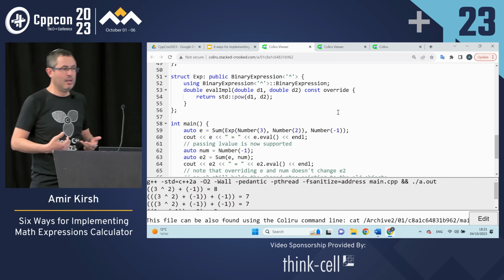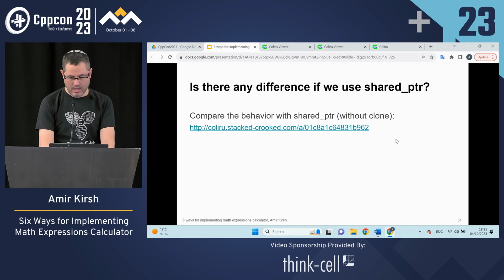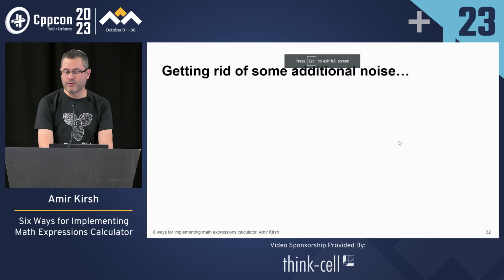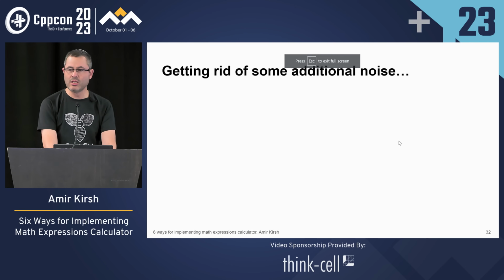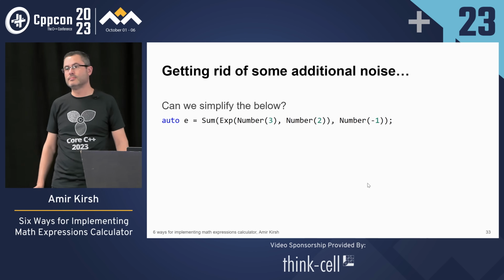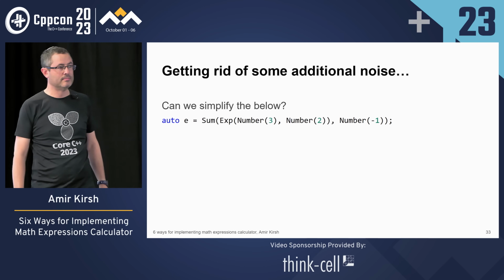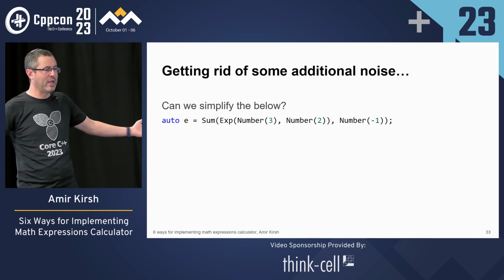It's an internal design decision, which I think is good. And then there is some kind of noise that I want to get rid of. What is the noise that still bothers me a bit? Something that we can get rid of.